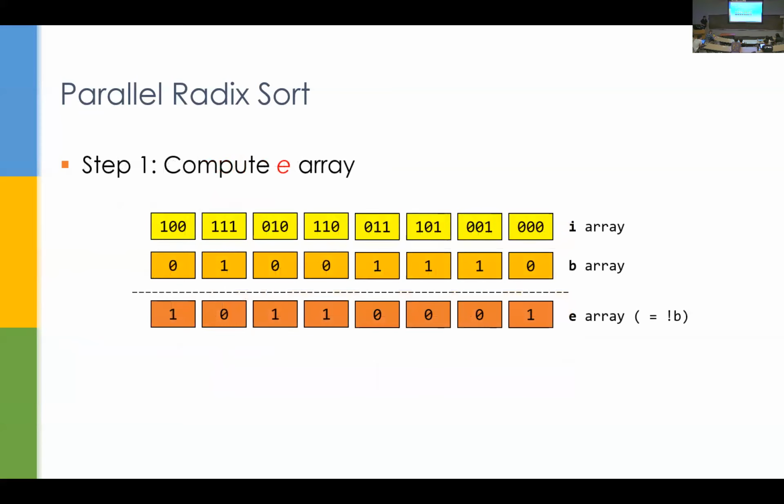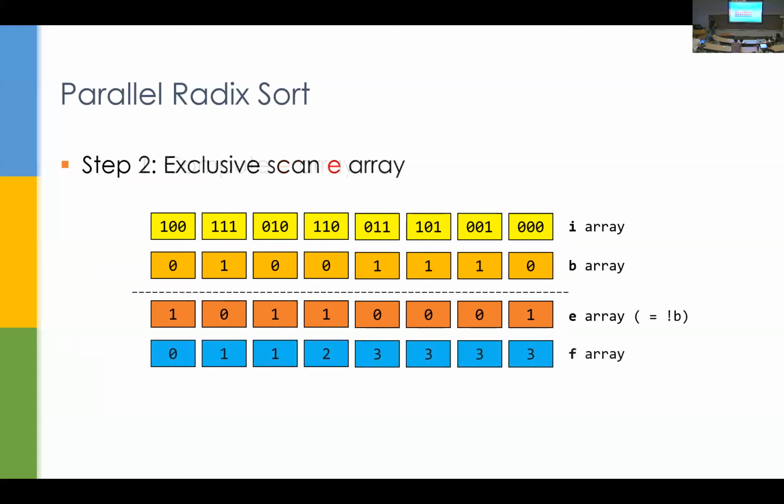So step 1, we have computed the B array, Boolean array, everybody clear on that? If the bit we are computing in that pass is 0, we write 0. If it's 1, we write 1. B array is easy. E array is probably easier, not B. Okay?